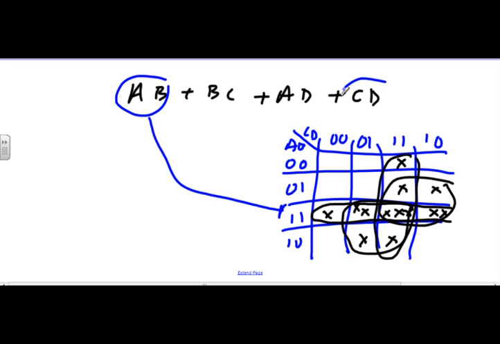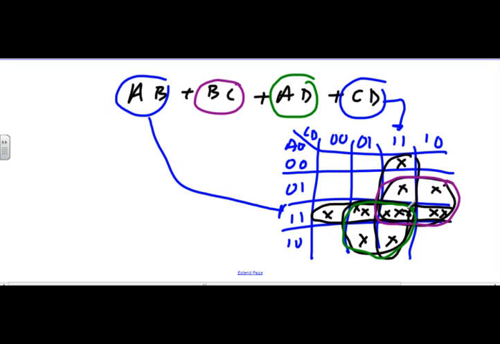There's CD sitting right there. Here's BC sitting right there. Those four. And AD sitting right here. And so the Karnaugh map did me no good at all to try to simplify anything.